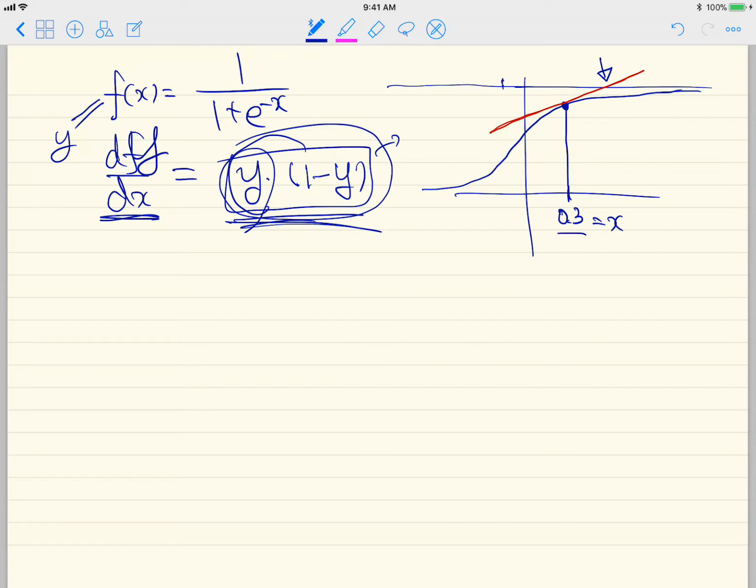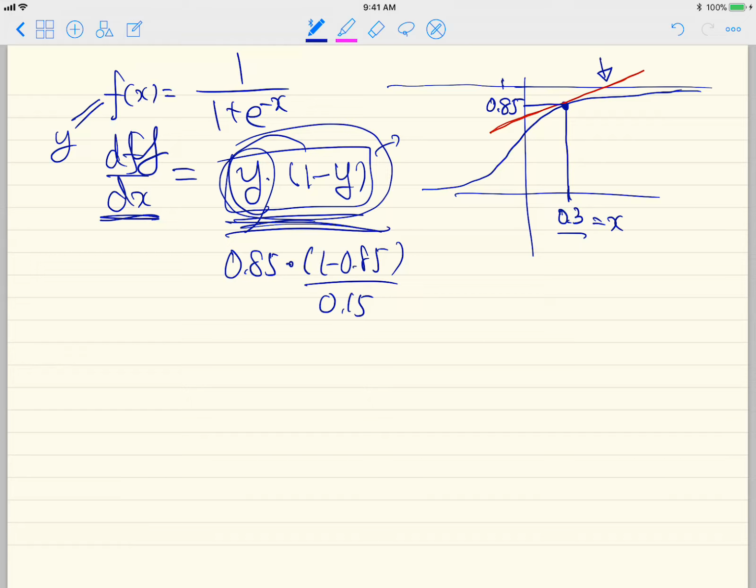So if 0.3 was mapped into, for example, 0.85, then this guy is representing 0.85 times 1 minus 0.85, which is 0.15.